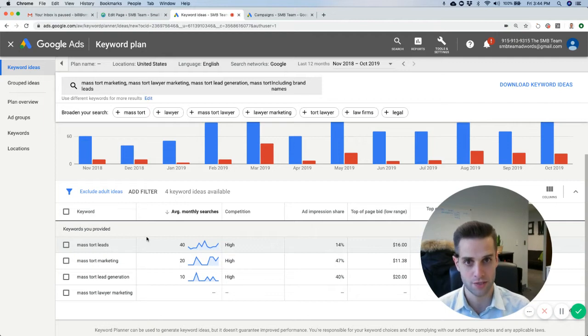Lawyers look for mass tort cases when the news breaks that there's an auto defect, or all these cars were released that have brake pedals that don't work and caused all these injuries. As soon as that news breaks, lawyers who want to pick up mass tort cases need to use Google ads to get their ads up really quickly. So I'm going to show you how we factor that into the meta title and description.